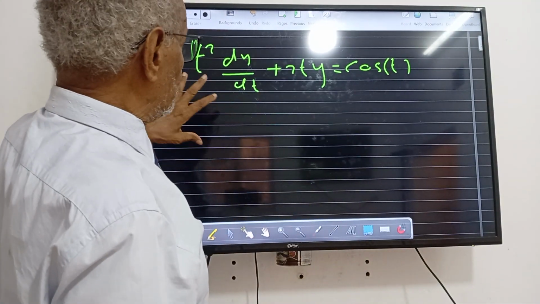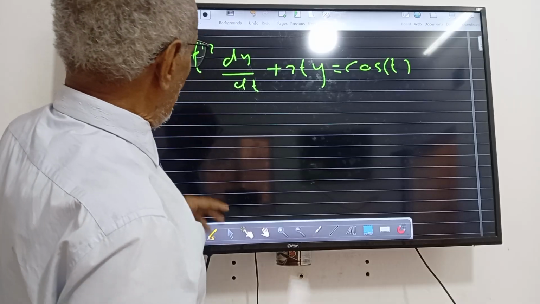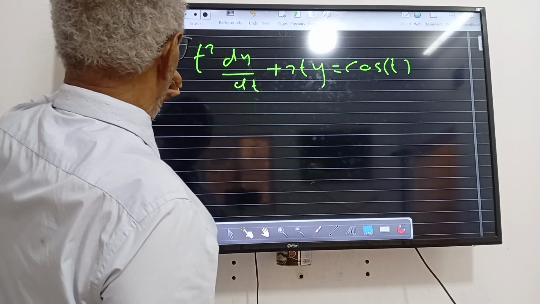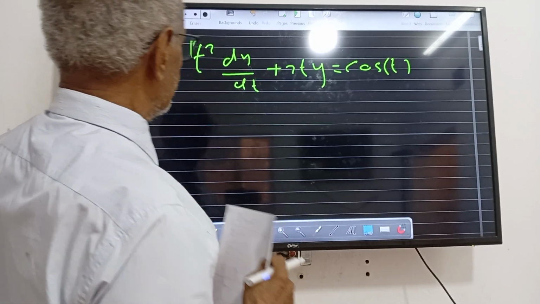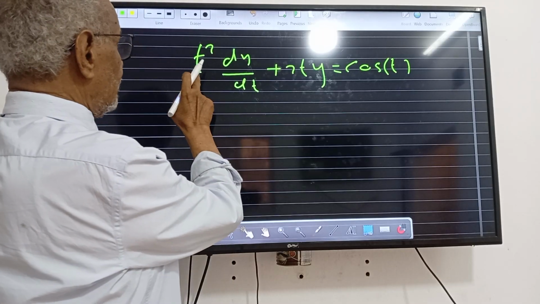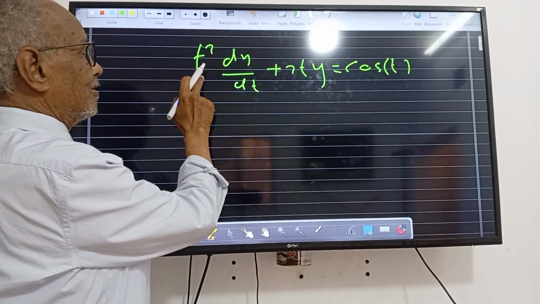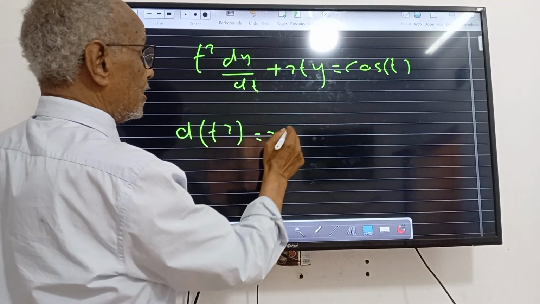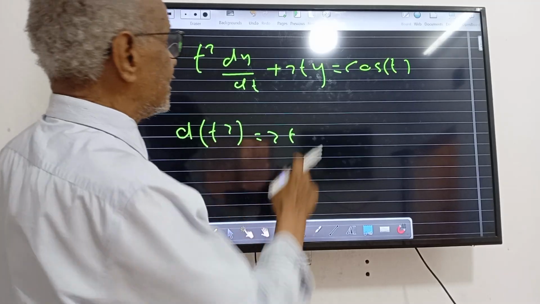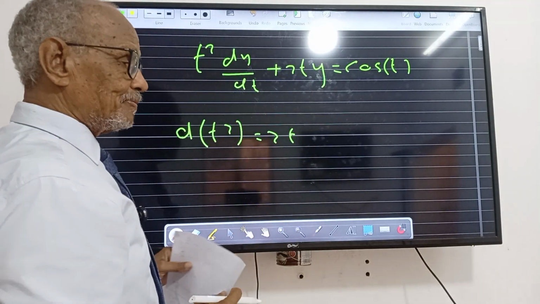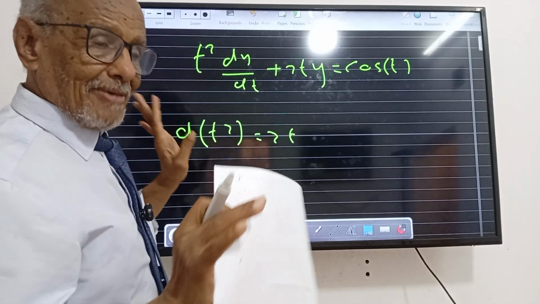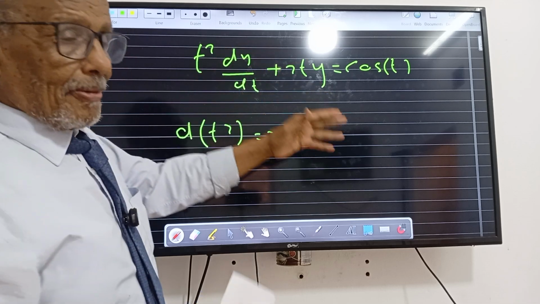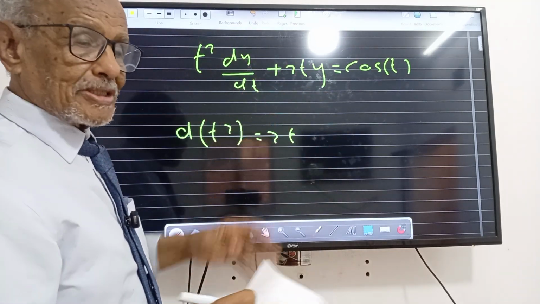In this example, you have to look and think carefully about these functions. Ask yourself, what is the differentiation of this function? The differentiation of t squared is 2t, and the differentiation of y is dy over dt. So this is ready. You don't need to make an integrating factor or something like this.